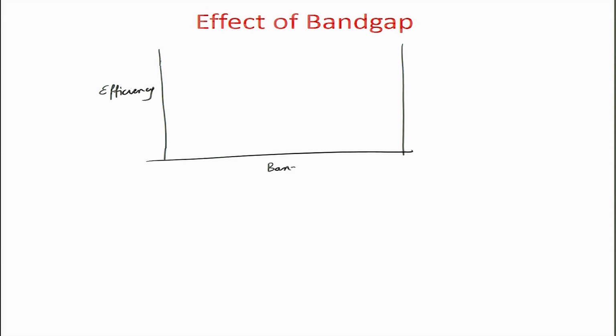Efficiency versus band gap of semiconductor, and theoretical calculation suggests that if you plot this efficiency at 10, 20, 30, 40, so this is in percentage, and let us say band gaps are starting from 0.5, 1.0, 1.5, 2.0 and so on and so forth. So, the maxima in the efficiency is achieved at around these points, and it goes something like this.